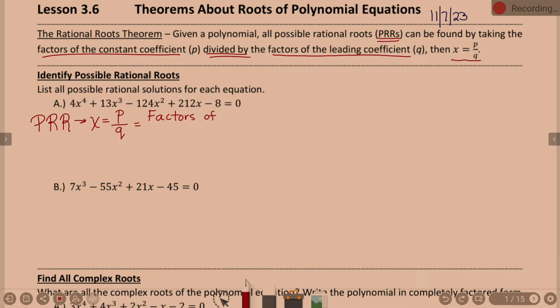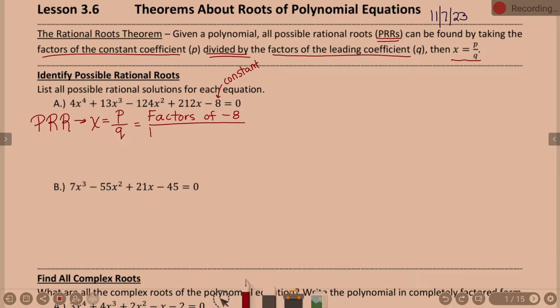As you look at this equation, 4x to the fourth plus 13x squared minus 124x squared plus 212x minus 8, what is the constant in this equation? Constant is negative 8 because negative 8 is the one number that does not have an x on it. It does not have a variable. So right here on top, we're going to do factors of negative 8. Okay? It's a number without a variable.